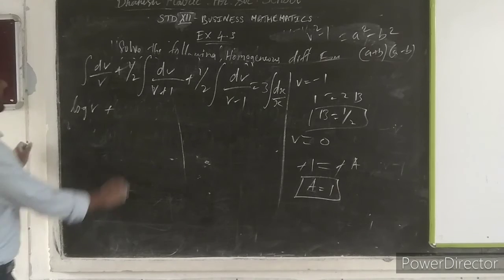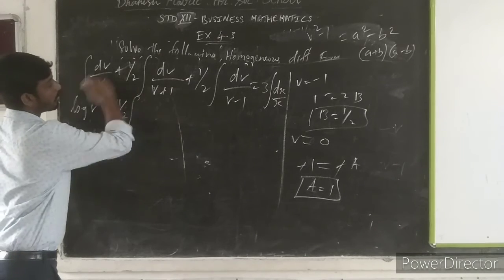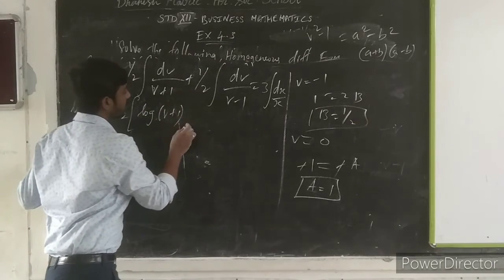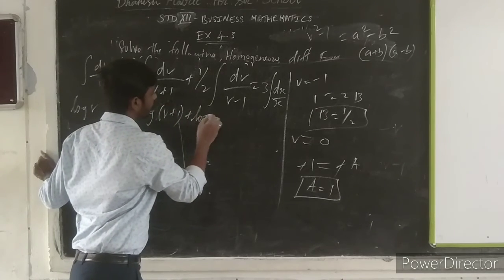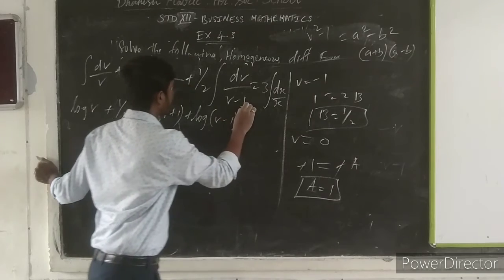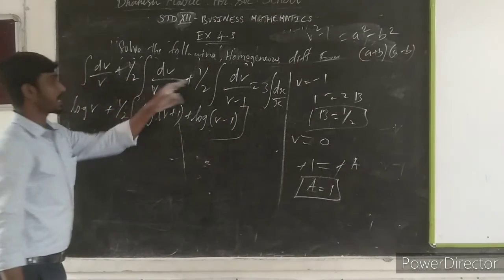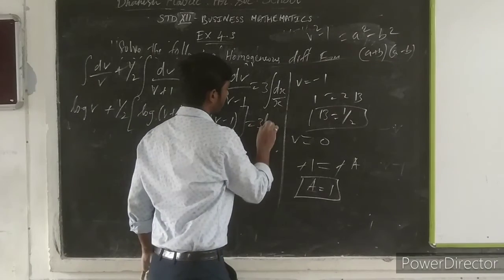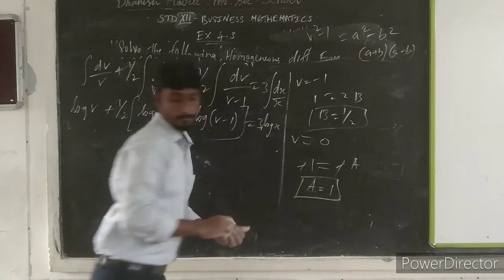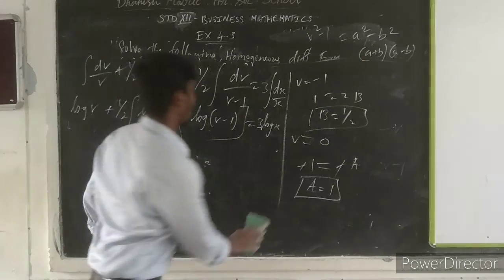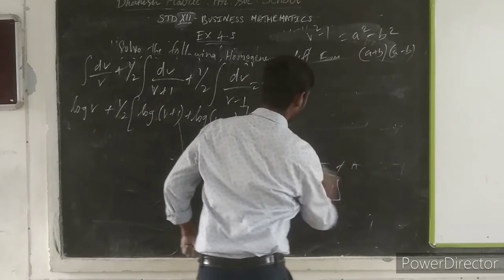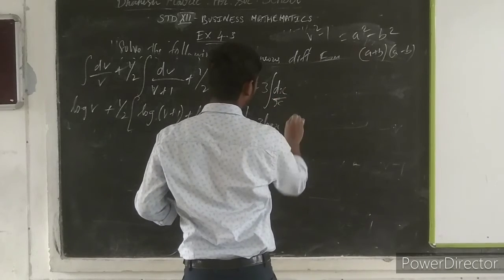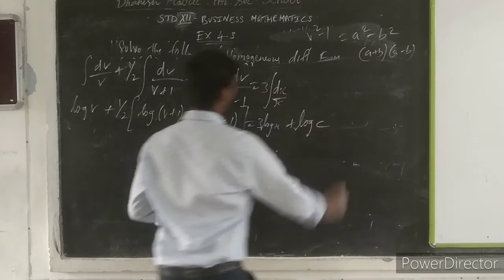Log v plus 1 by 2, taken common from this equation: log v plus 1 plus log v minus 1. Listen carefully, I am taking 1 by 2 common from this equation. The remaining is 3 log x plus log c.